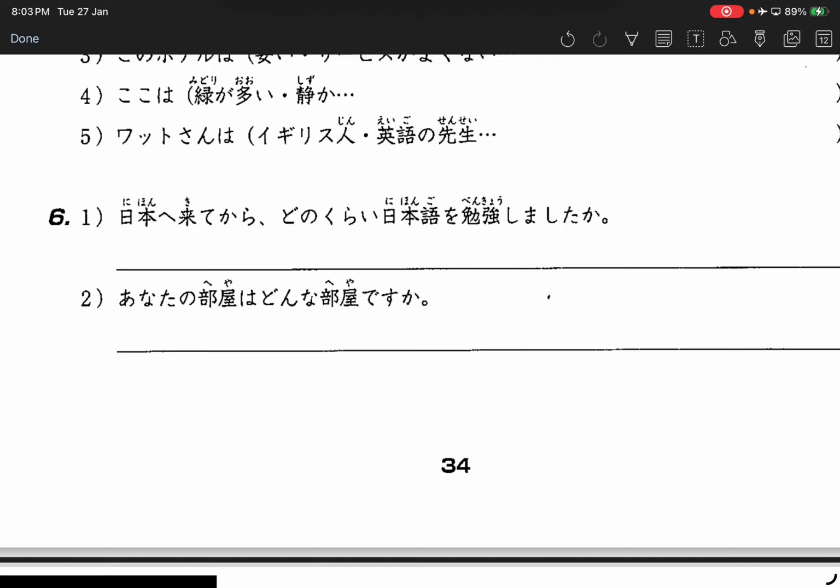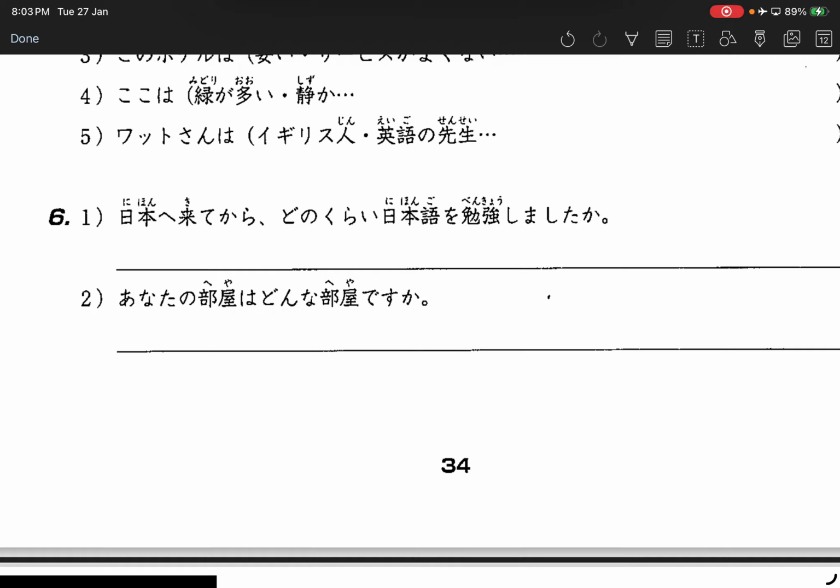Sorry, I didn't get the full sentence. I thought there were just snippets of it. Can you repeat the sentence? 日本へ来てから 6ヶ月くらい日本語を勉強しました。Okay. I got it now.